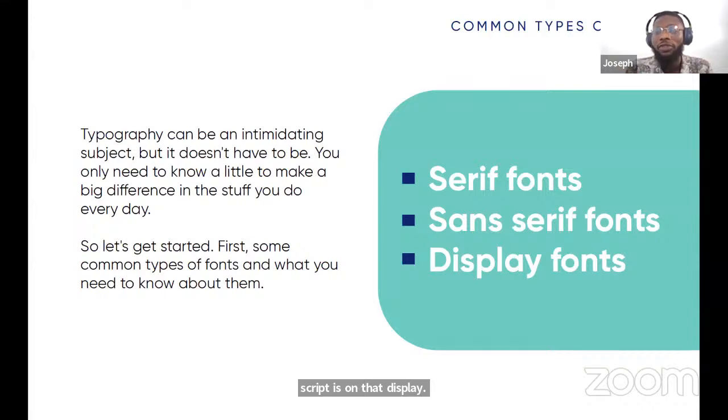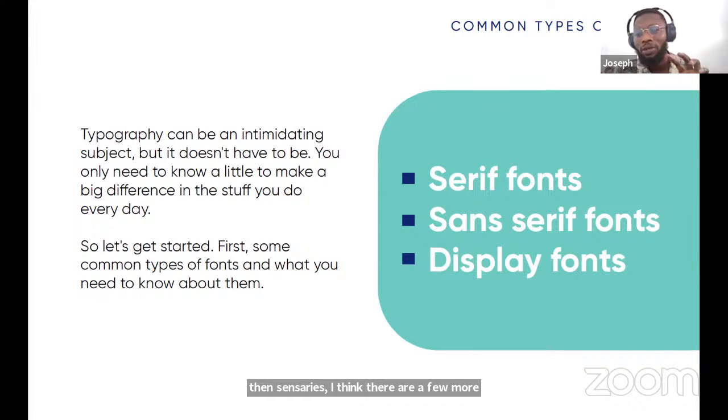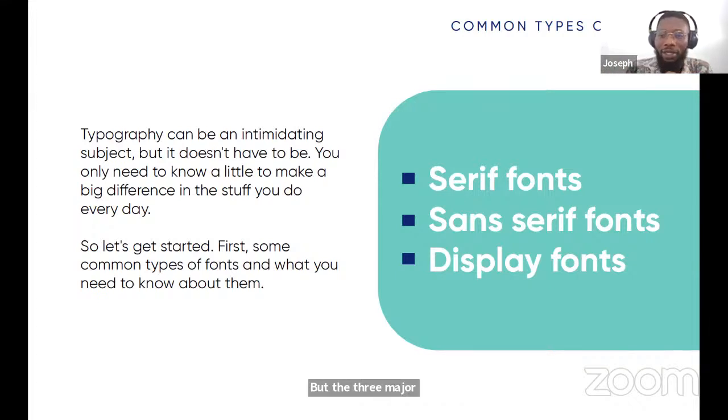For serif, we now have what we call modern serif. Those are fonts that have lots of ligatures and swashes. We'll get to that, okay? Then sans serifs, I think there are a few modern sans serifs as well. But the three major kinds, common types of fonts: serif, sans serif, and display.